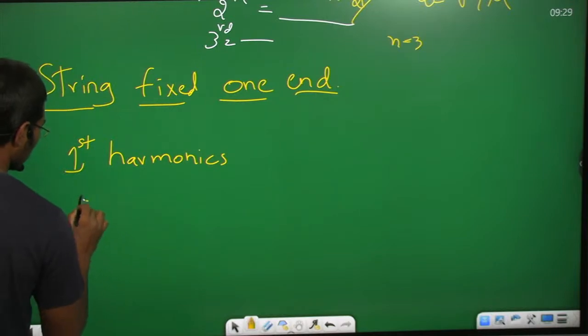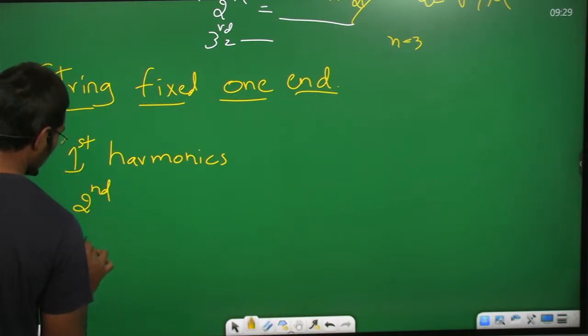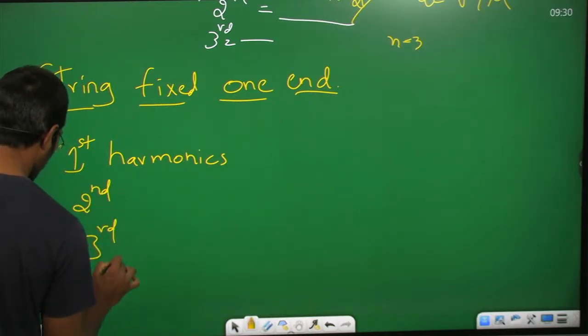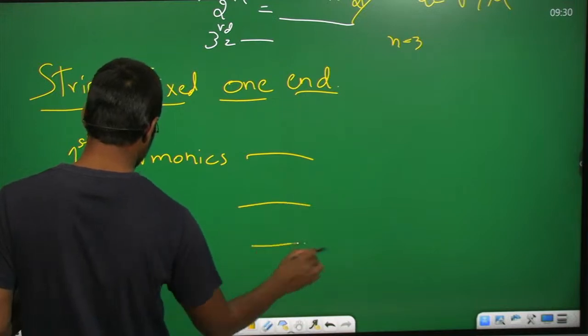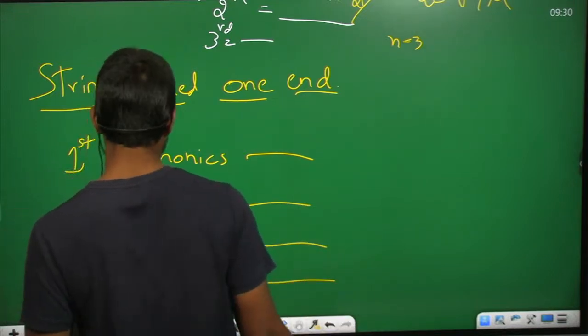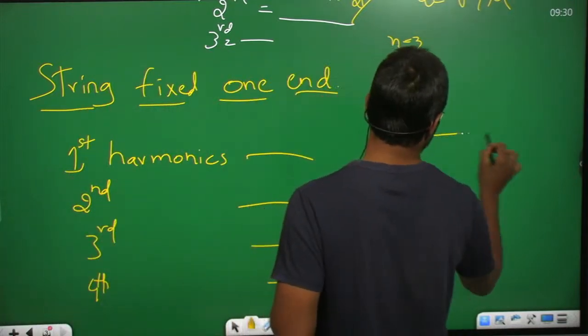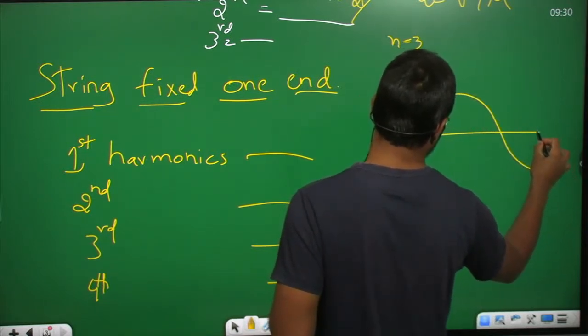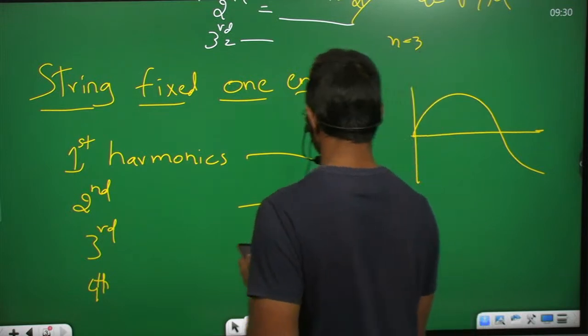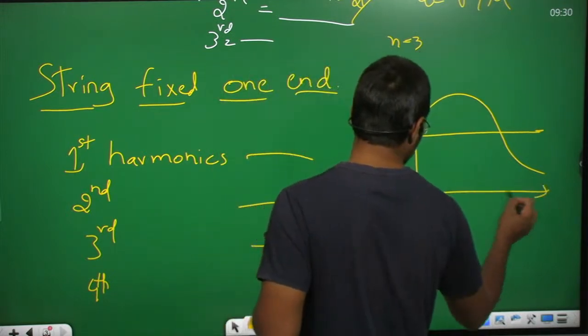Second, third, fourth. Try to write formulas for it. String fixed at one end, whose length is L.